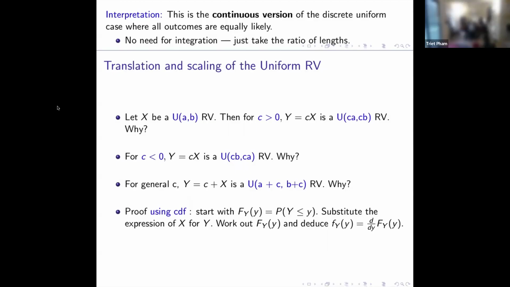But do not take this for granted, in the sense that it's not always true. In other words, this will fail, for example, for the exponential random variable, which we'll be talking about next.